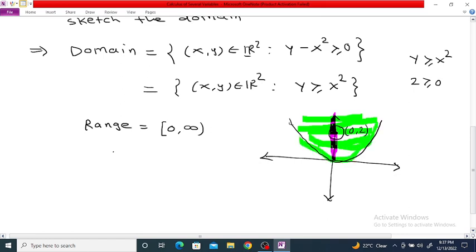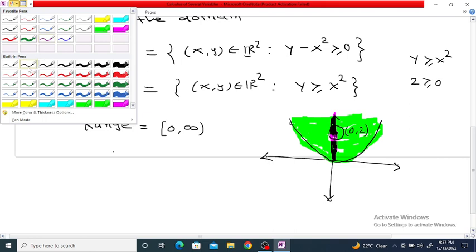So we can highlight this region. This is the region y greater than or equal to x square. So hope you understood.